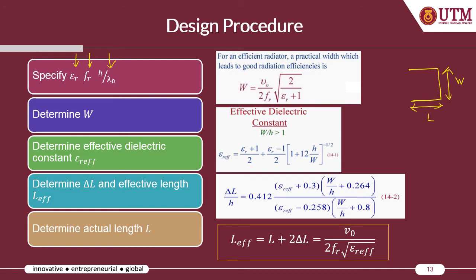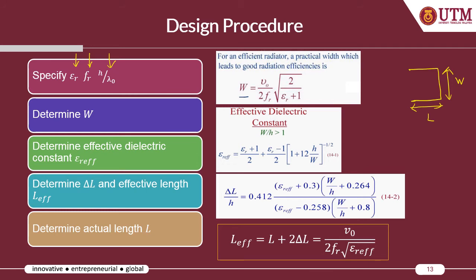Okay, so determine the width. The width is given by this equation, W equals V naught, the velocity of the speed of light, divided by 2 Fr, where Fr is the resonant frequency required, multiplied by the square root of 2 divided by epsilon r plus 1.